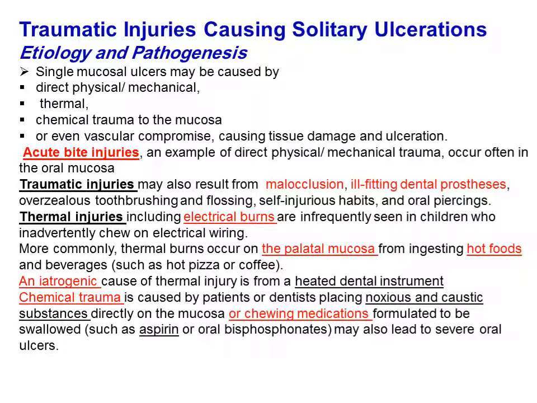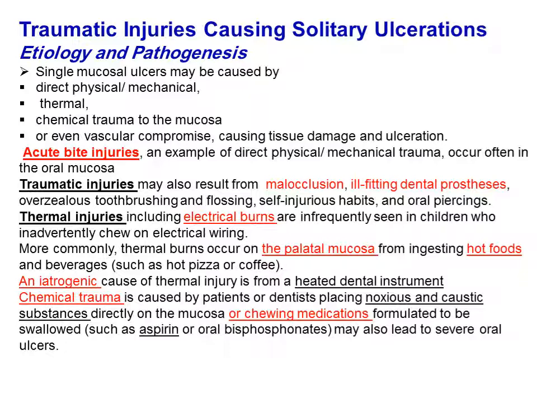Acute bite injury, an example of direct physical mechanical trauma, is often seen in the oral cavity. Traumatic injury may result from malocclusion, ill-fitting dental prostheses, overuse of toothbrushing, flossing, self-injury habits, and oral piercings.